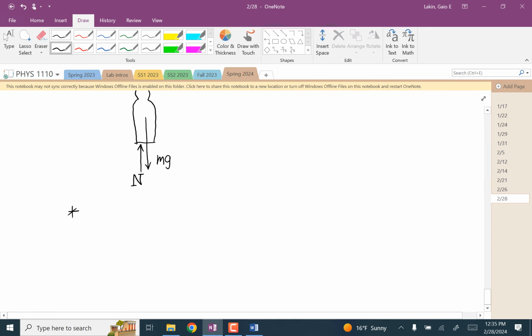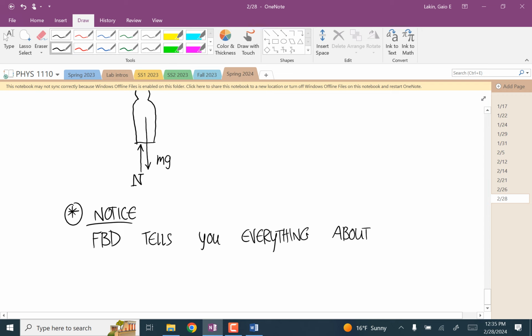And here's the thing I want you to notice about free body diagrams. The free body diagram tells you everything that goes into the left side of Newton's second law.